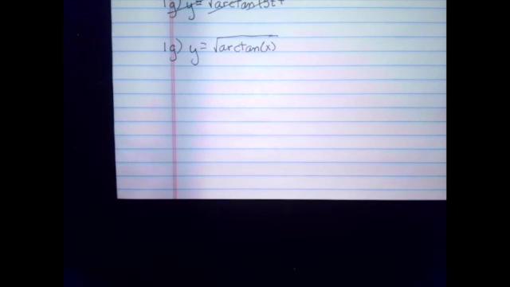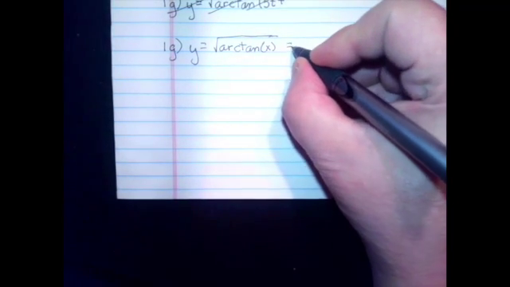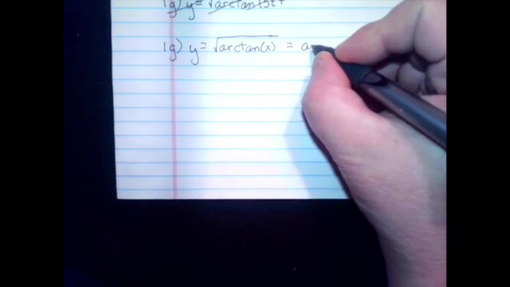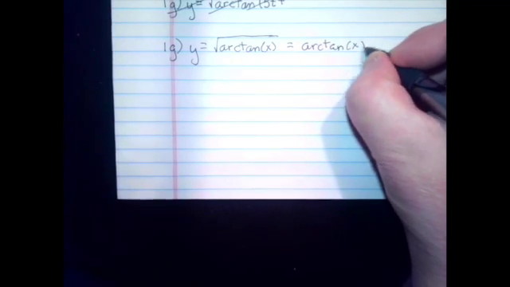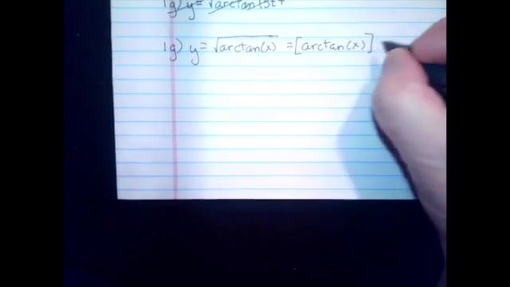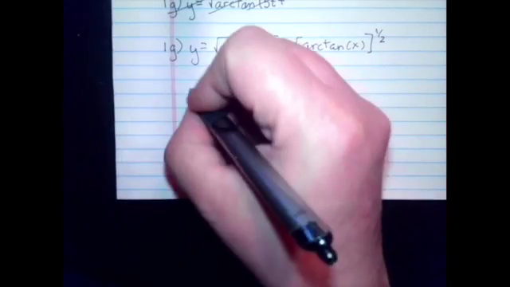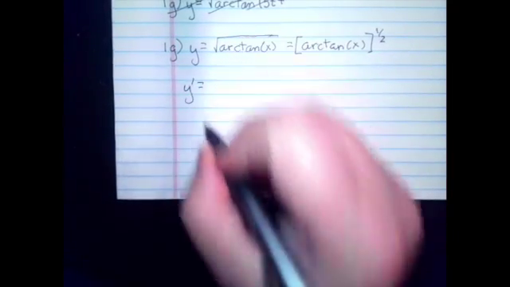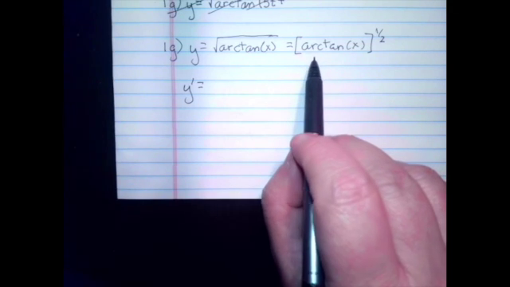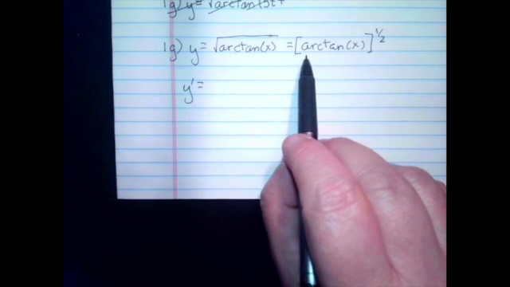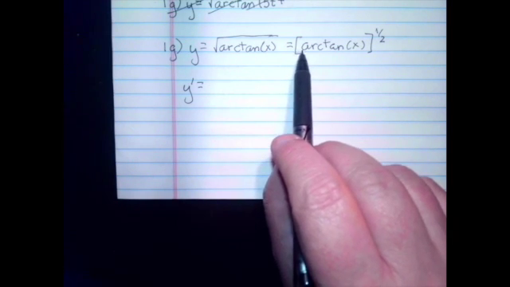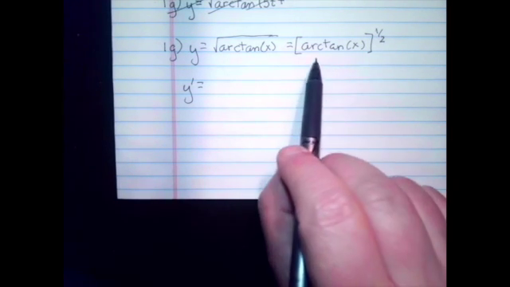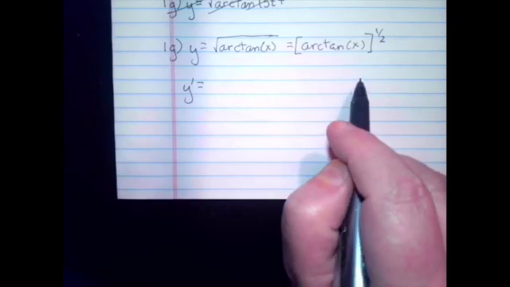1g. We are asked to differentiate the square root of the arctangent of x. I'm going to rewrite that as the arctangent of x, all raised to the 1/2 power. So what we've got then is a composition of functions. We've got an outer function, which is the part where we raise something to the 1/2 power, and then there's the inner function, which is the arctangent function.